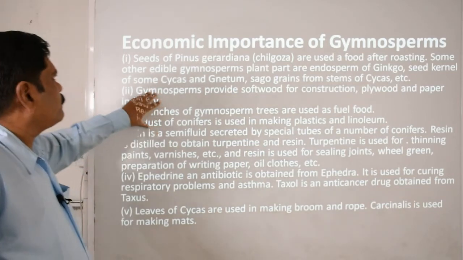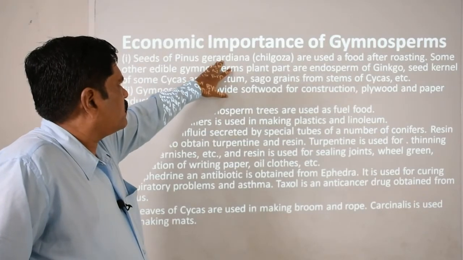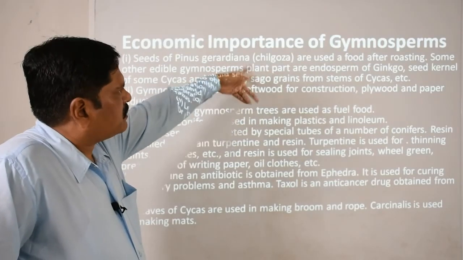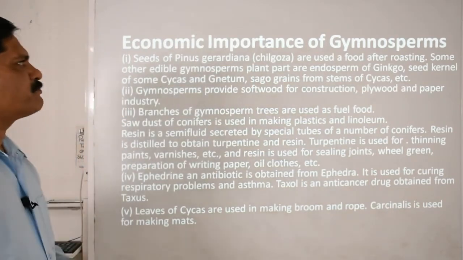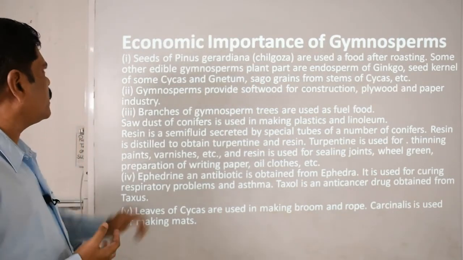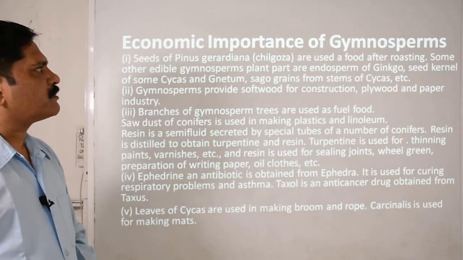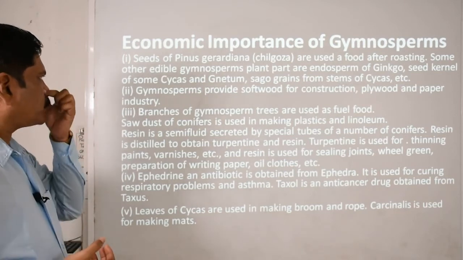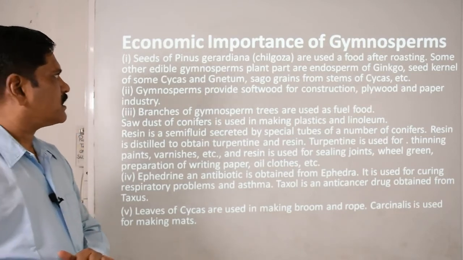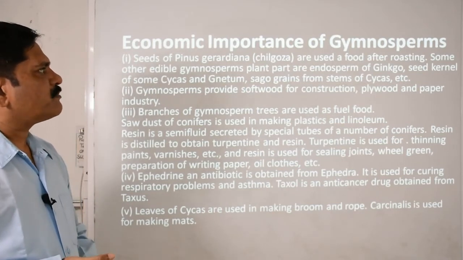Clear? Now here we are talking about the economic importance of the Gymnosperm. The seeds of Pinus gerardiana, simply called chilgoza, are used as food after roasting. Some other edible Gymnosperm plant parts are the endosperm of ginkgo, the seed kernel of some Cycas and Gnetum, and the sago grains from the stem of the Cycas.